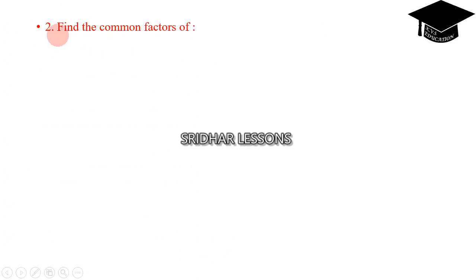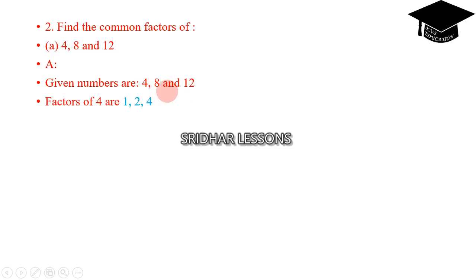Next one, problem number 2. Find the common factors of 4, 8 and 12. The given numbers are 4, 8 and 12. The factors of 4 are 1, 2 and 4. The factors of 8 are 1, 2, 4, 8.